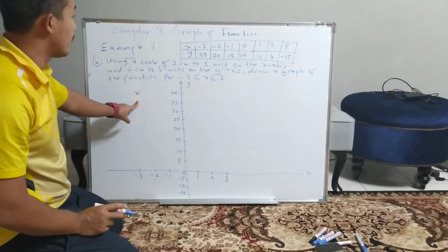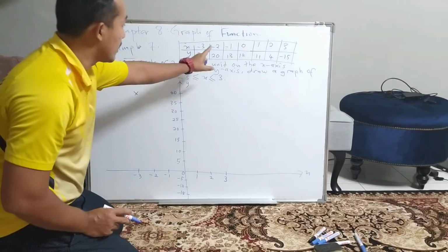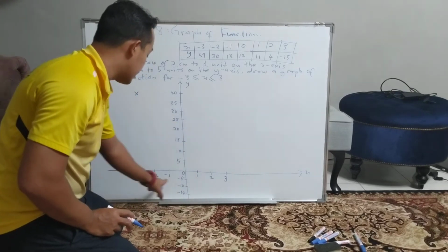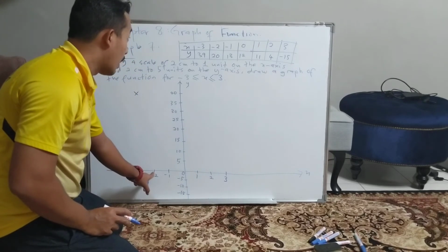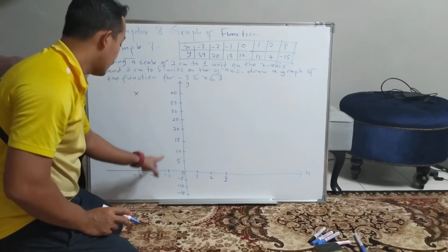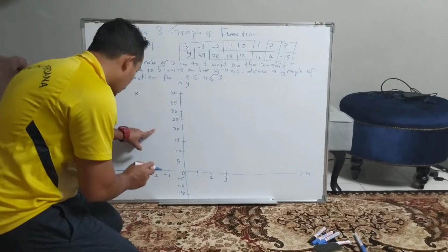So this is the first point, (-3, 39). Now the second point, (-2, 20). Look for the value for the x-axis, -2. 20 is the positive value for y. So look at here, this one, and you have to plot here.